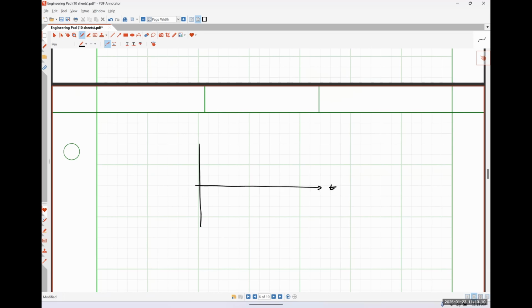Here is time, right? Sinusoidal wave. So if I had drawn this well, I'm attempting to, okay, just for what it's worth.